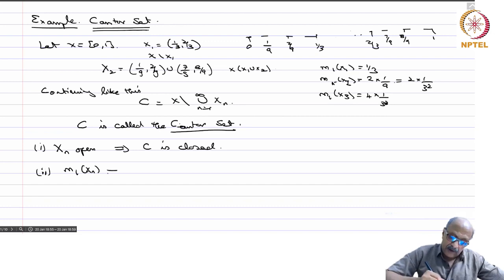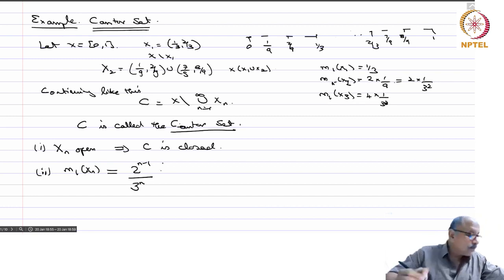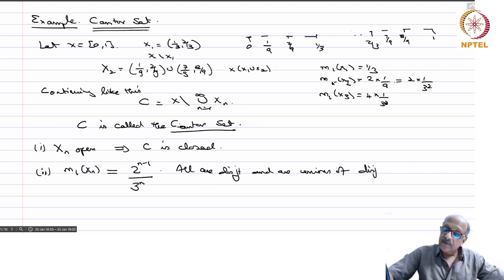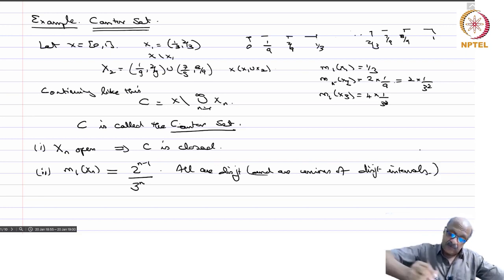So in general, inductively, the measure of xn is 2 to the power n minus 1, over 3 to the power n. And all are disjoint and are unions of disjoint intervals. That's how we computed the measure of each of these.